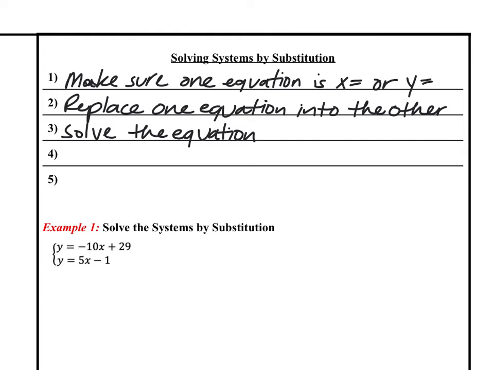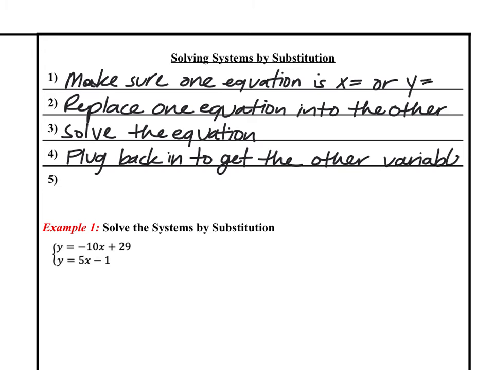After you solve for one variable, you have to go back and plug back in to get the other variable, because there's 2, x and y. Plug back in to get the other variable. Lastly, write your answer as a point.